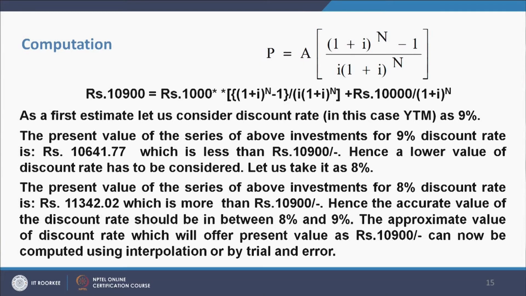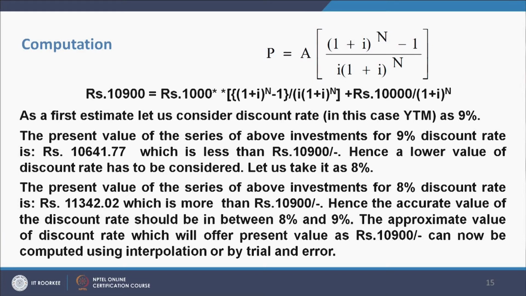Hence, a lower value of discount rate has to be considered, and let us take it as 8%. The present value for 8% discount rate is rupees 11,342.02, which is more than 10,900. Hence, the actual value of the discount rate should be in between 8% and 9%.